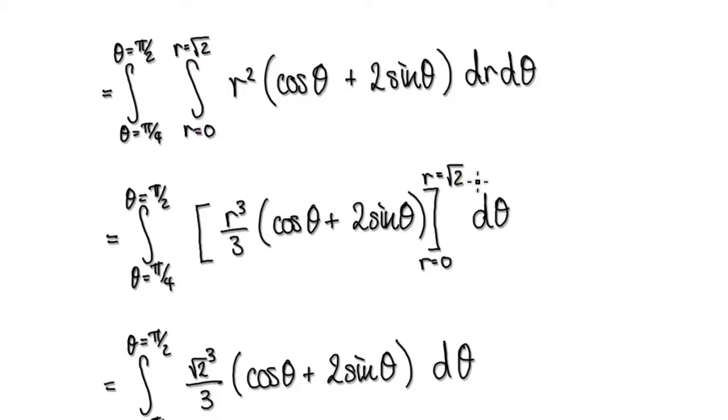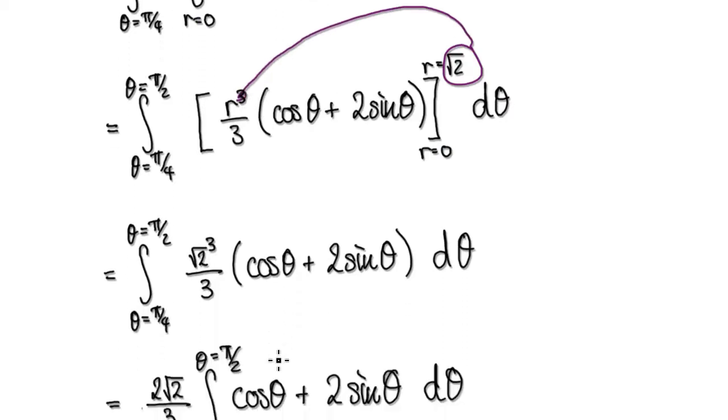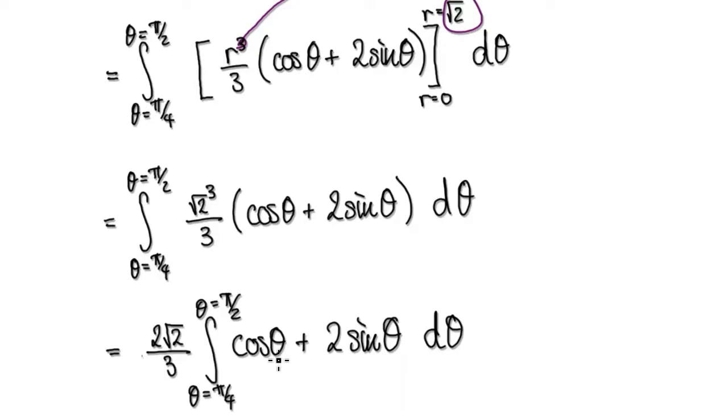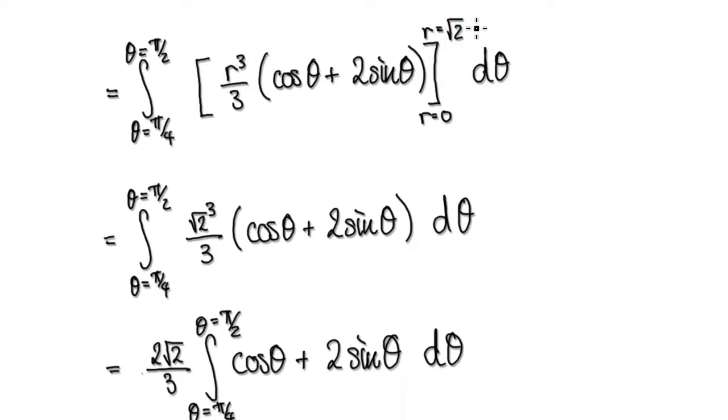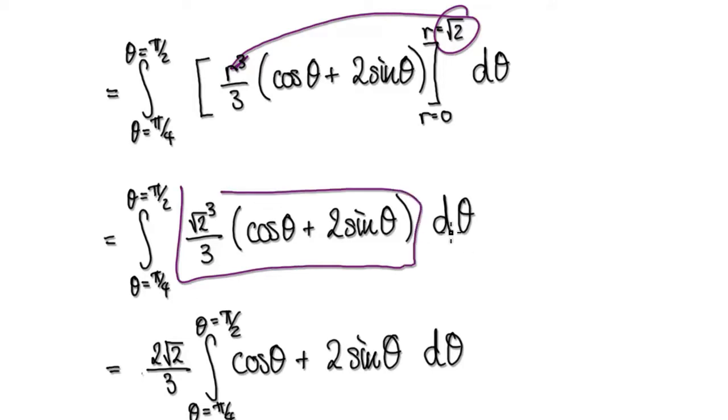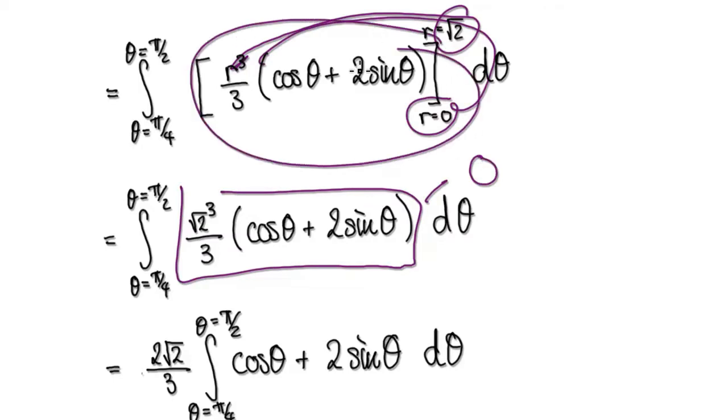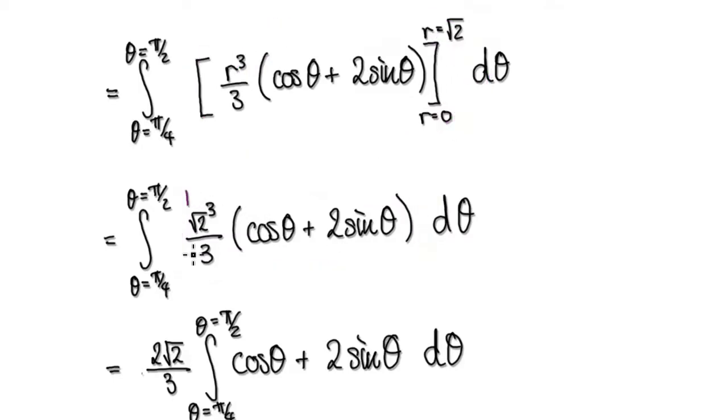So now we can put root 2 into the r. That will then give us this whole thing here, and then you take away and put 0 into here, which will be 0. So this whole thing here will then become this, and then now integrate it with respect to theta.